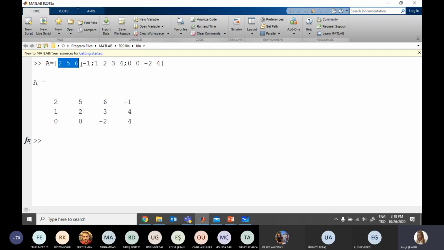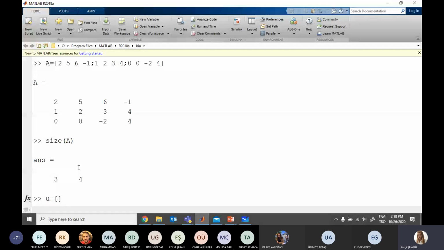As you can see, this is your first row, this is your second row, this is your third row, and we have a 3 by 4 matrix, and you can check that by the size A command. It will tell you this has 3 rows, 4 columns. Easily you can find the size of your matrix.